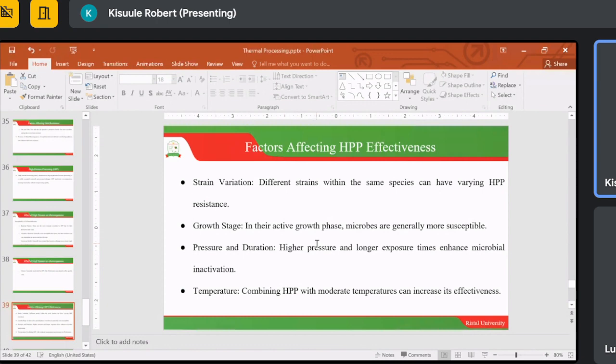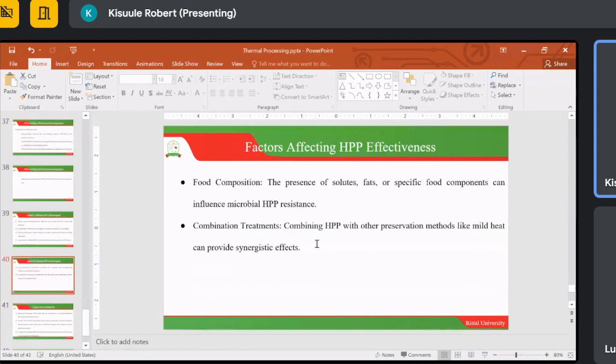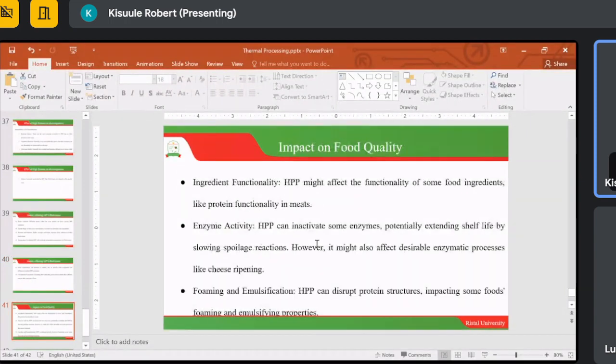Then there are combination treatments, where combining high pressure processing with other forms of preservation can give us synergistic effects. When we talk of synergies, we are talking about not getting every advantage from that particular processing method alone, but getting them from more than one method of preservation.